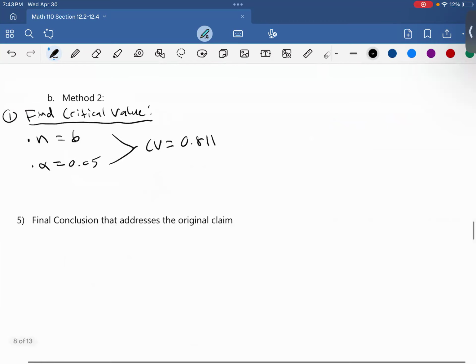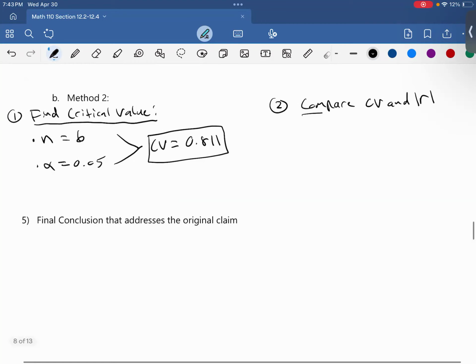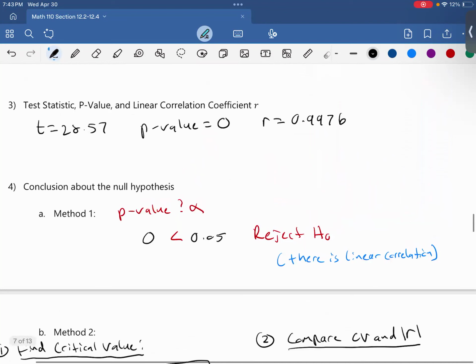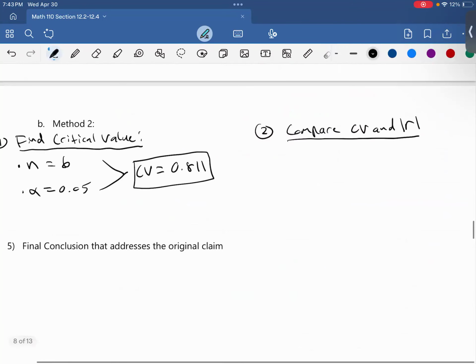Now the second step is to compare the critical value and the absolute value of R. R, if you recall, is 0.9976. So we need to take the absolute value of that.